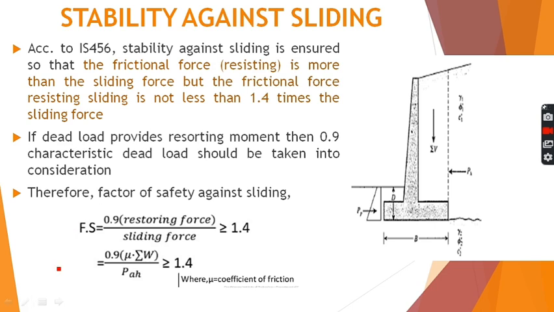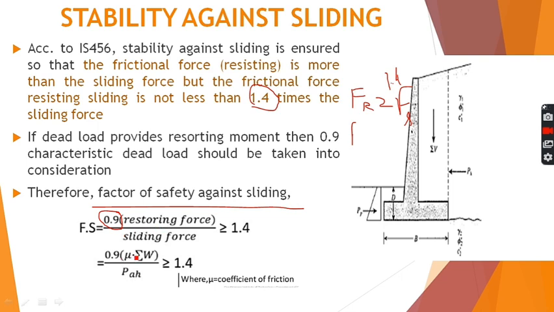As in the case of overturning, IS code has again fixed the value 1.4, that the frictional force or reaction force, which can also be known as the restoring force, should be greater than or equal to your sliding force, and this value should be 1.4 times the sliding force. So here 1.4 is the factor of safety against sliding. Similarly, as in the previous case, we have multiplied it by a load factor of 0.9. I have already explained the reason why 0.9 is being taken.